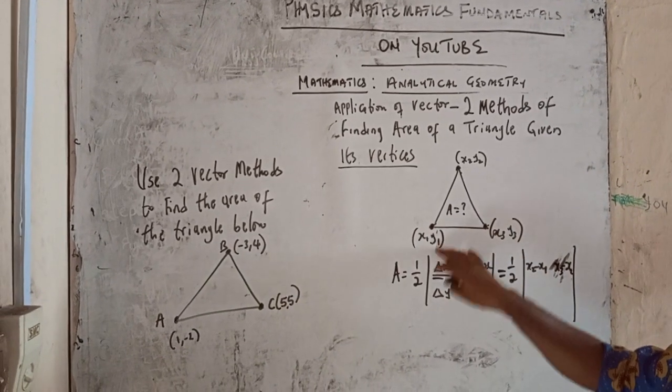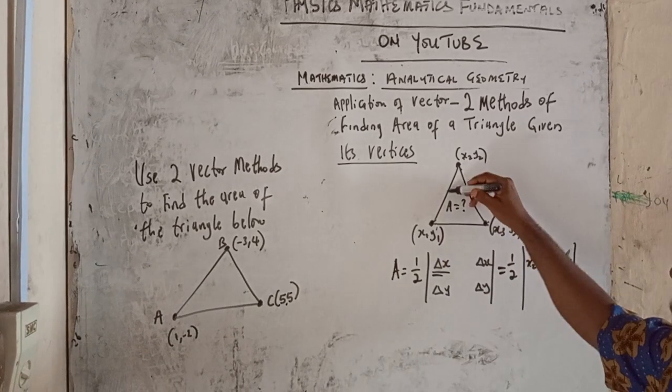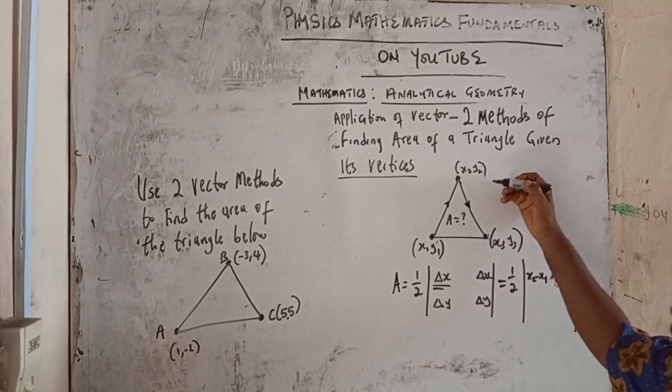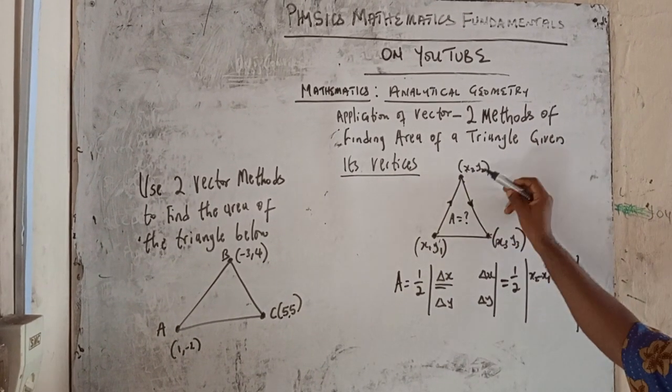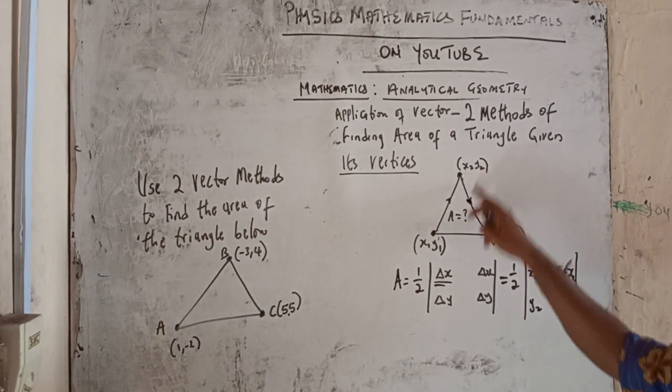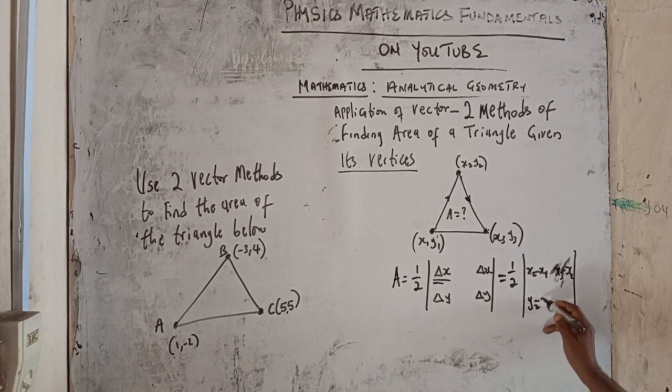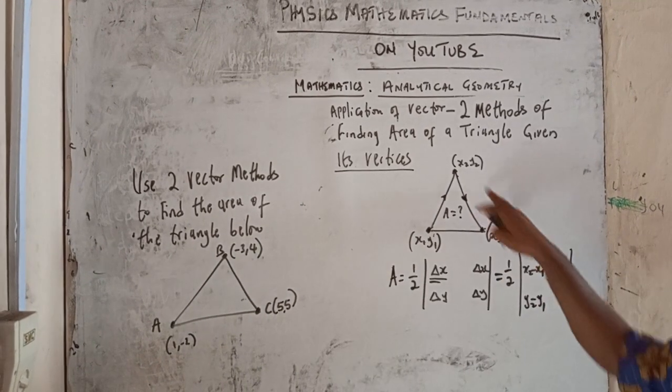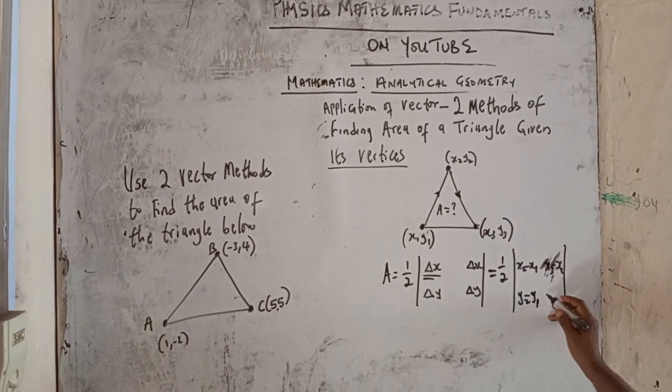The same thing with the y. The change in y, as if I'm moving like this and I'm moving like this. So the change in y between these two places will be y2 take away y1, and here, y3 take away y2.